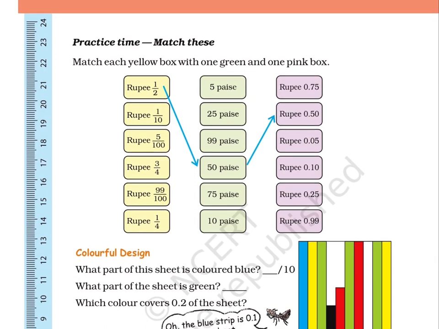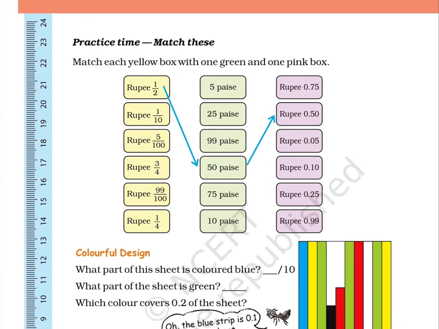Match each yellow box with 1 green and 1 pink box. So we have 3 columns of boxes. Column 1 has 6 yellow boxes, column 2 has 6 green boxes, and column 3 has 6 pink boxes.